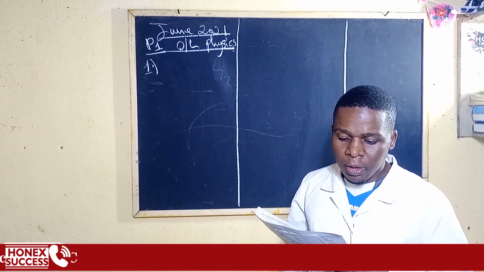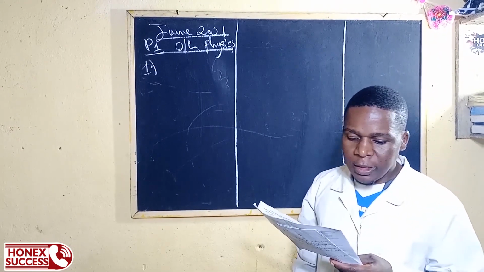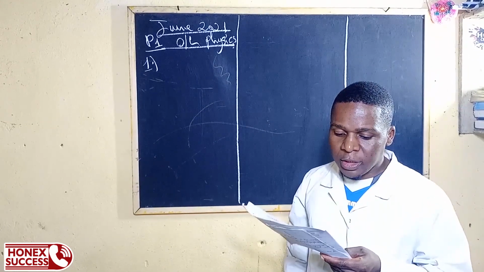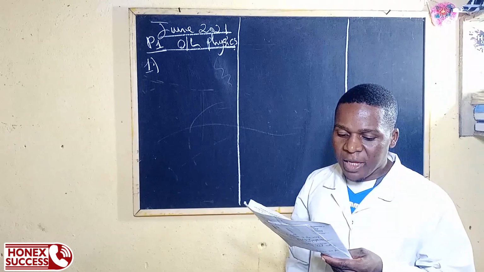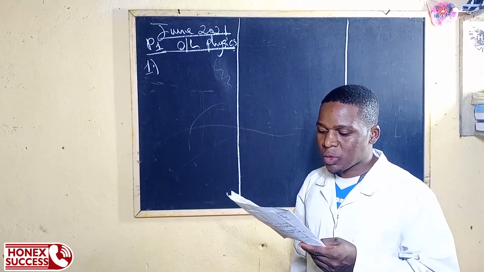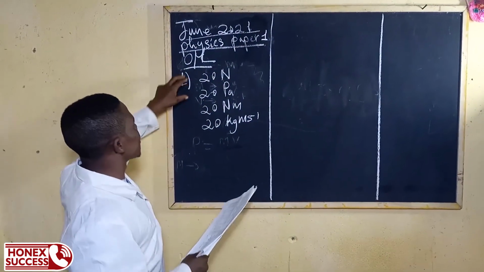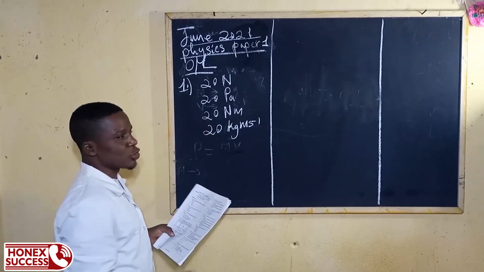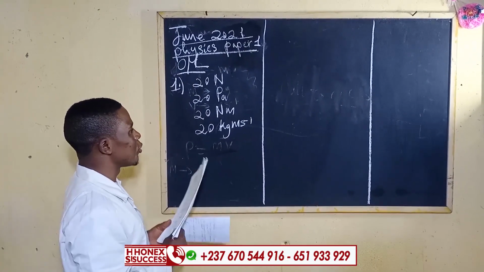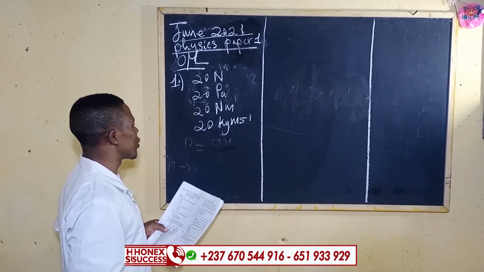We have A, 20 newtons, B, 20 pascals, C, 20 newton meter, D, 20 kilograms meters per second. So the different options have been given in question 1.